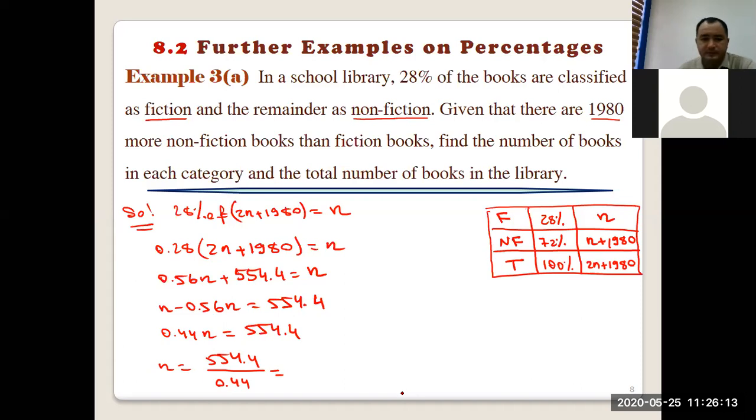Not a good number. 0.28 times 1980, 554.4. Okay, 0.44. 28% is n, 2n plus 1980. Fiction. 72%, non-fiction.